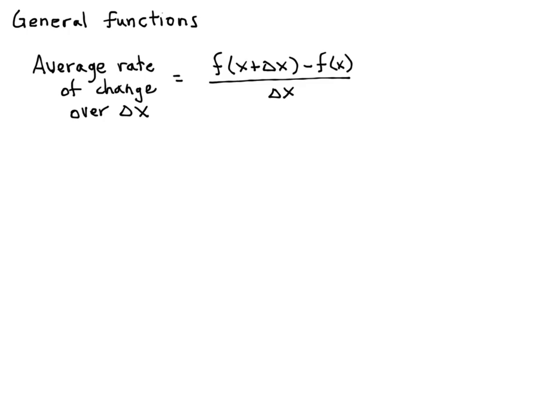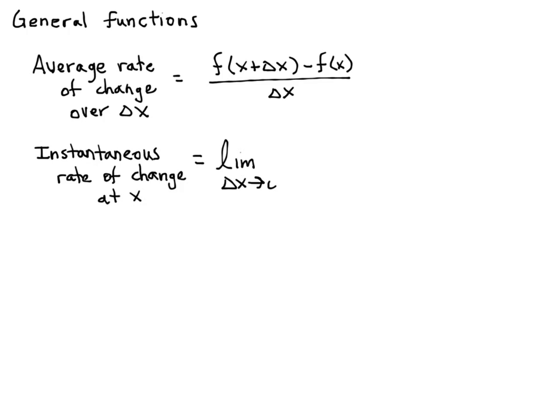But what if you want to calculate your instantaneous rate of change? How are we going to do that? Well, what we're going to do is we're going to take a very small delta x, and we're going to make delta x smaller and smaller and smaller until we get this ratio, and hopefully this will come up with a value as delta x goes to 0.